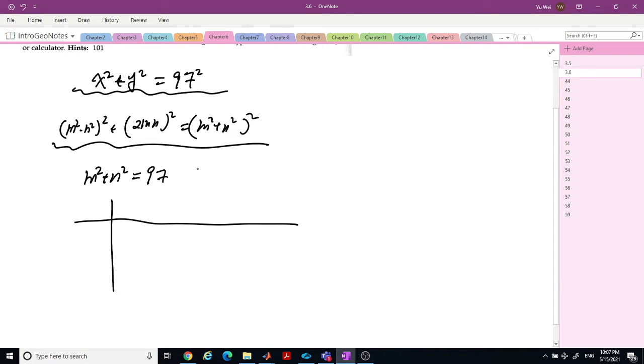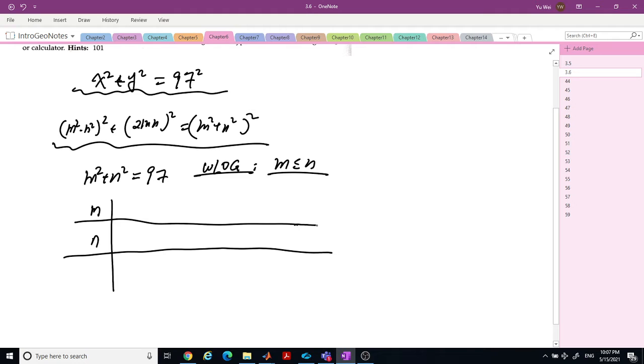Now let's do it without loss of generality. We can say m is less than or equal to n; otherwise, you can flip it. So m is 1, 1 squared, m squared, n squared, right? 1 squared, 96. 2 squared, 93. 3 squared is 88. 4 squared is 81.